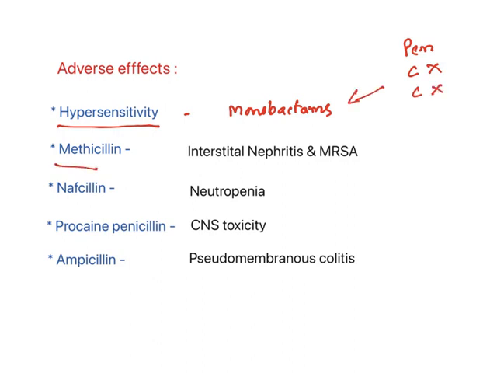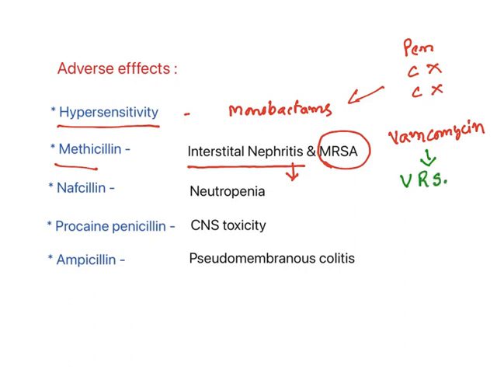Now, methicillin causes interstitial nephritis, inflammation of the nephron, and the problem is the emergence of methicillin resistant Staphylococcus aureus. If someone acquires this resistance, to treat this Staphylococcus aureus, vancomycin should be given. Vancomycin is the choice of drug to treat MRSA, but there is an emergence of another strain known as vancomycin resistant Staphylococcus aureus.